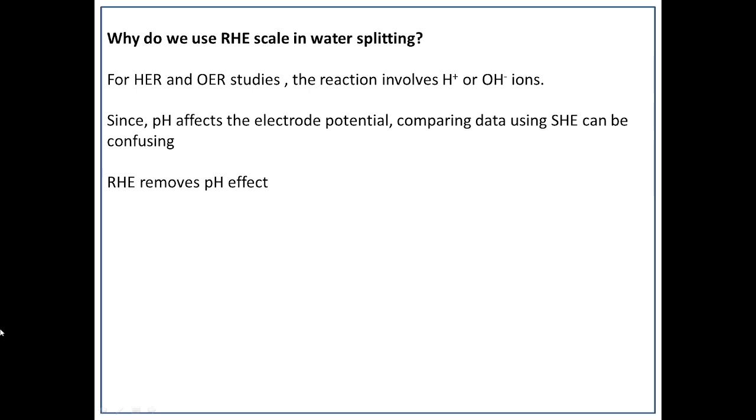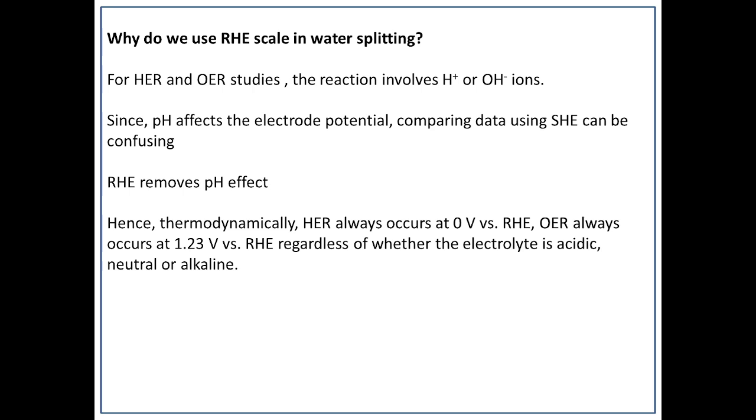Whereas the reversible hydrogen electrode removes the pH effect, so that thermodynamically HER always occurs at 0 volt with respect to RHE, whereas the oxygen evolution reaction always occurs at 1.23 volt versus RHE, regardless of whether the electrolyte is acidic, neutral or alkaline.